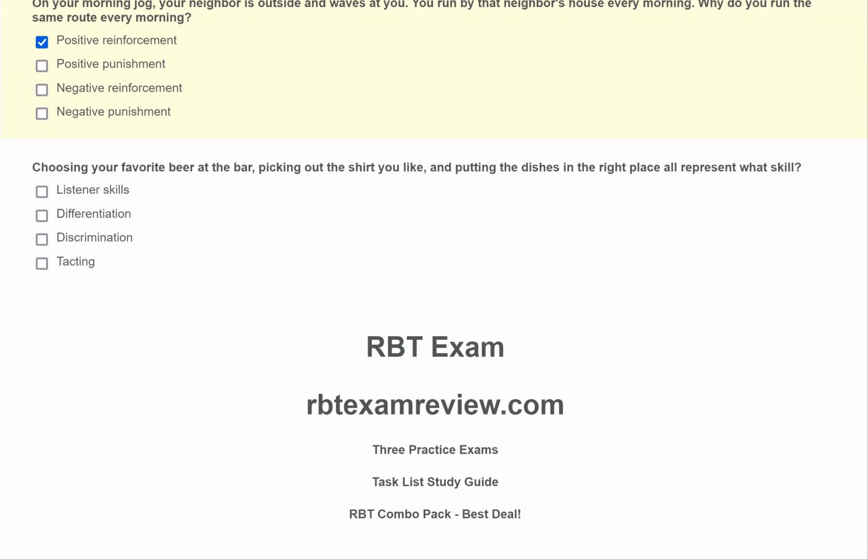We're changing up our responses. Discrimination, same response, just different stimuli. So do we have a lot of different responses here, or just one response? Well, we're one response each time, right? Again, choosing a beer, choosing a shirt, choosing where to put dishes. But what are we doing? We're discriminating between the beers, we're discriminating between the shirts, and we're discriminating between where to put the dishes. So all of these, beer, shirt, and dishes, all represent discrimination.